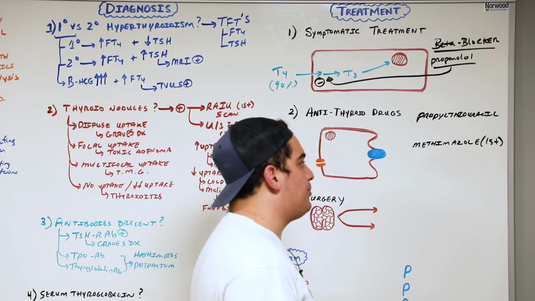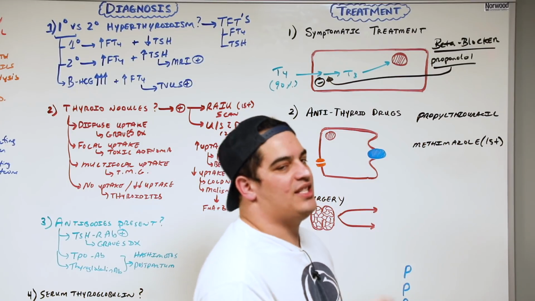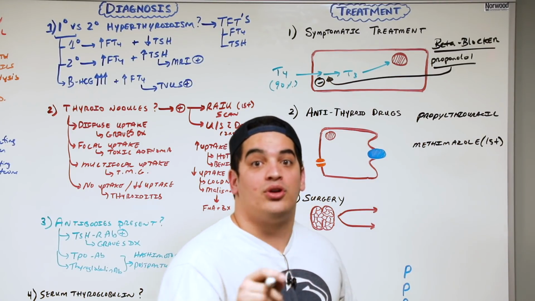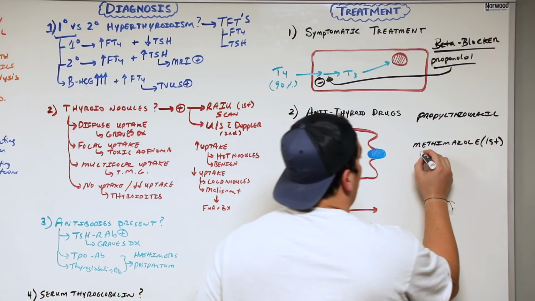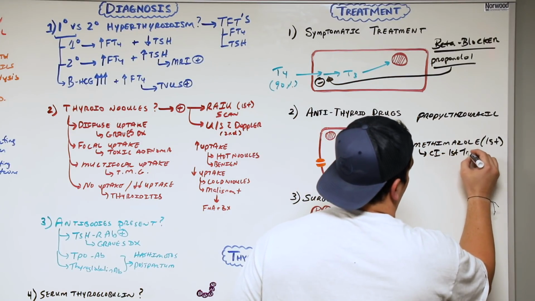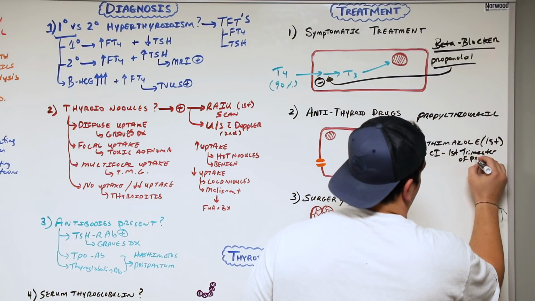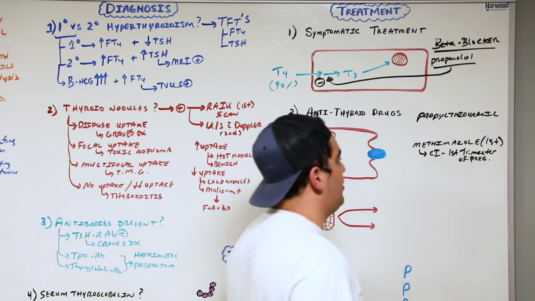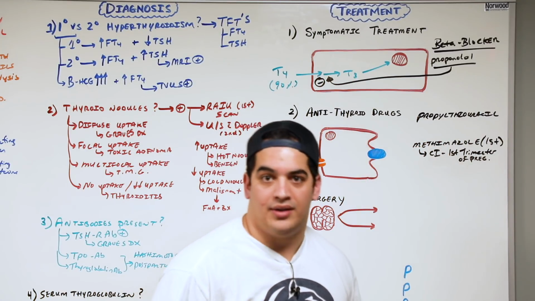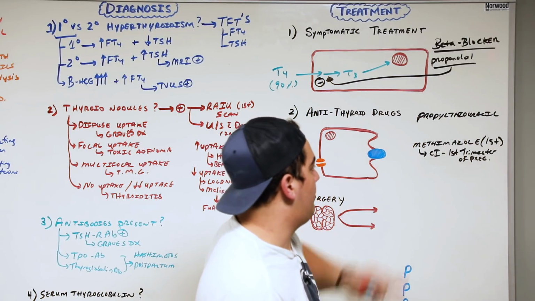The only exception for methimazole is that the only time we don't give it first line is if someone is in their first trimester of pregnancy. So the only time it's contraindicated is the first trimester of pregnancy. And so in that situation, which drug would you give? Propylthiouracil. Okay? So both of these are very effective. We just prefer methimazole except in that situation.